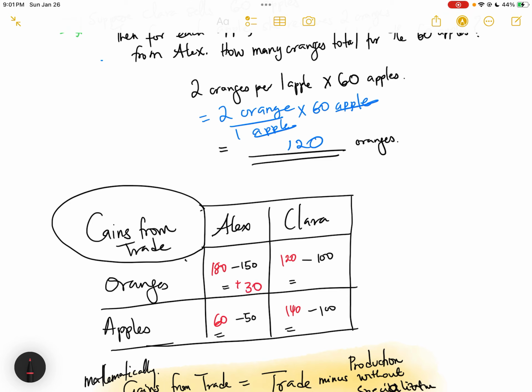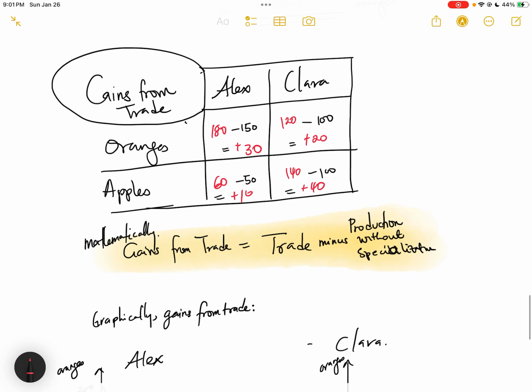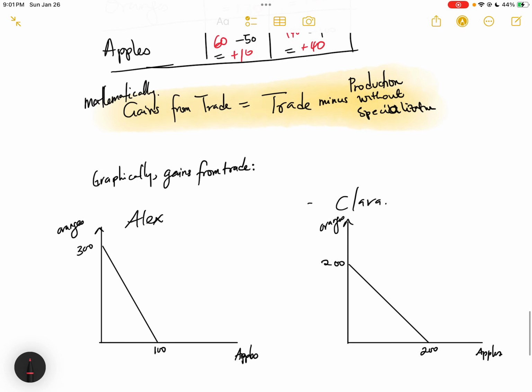And so you can see that there's a plus 30 oranges and there's a plus 10 apples for Alex. For Clara, there's a plus 20 oranges, and for Clara, there's a plus 40 apples. See, so yeah, gains from trade all around for Alex and Clara.